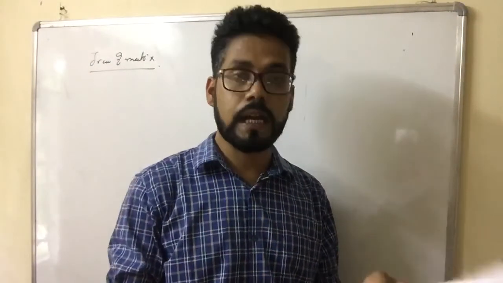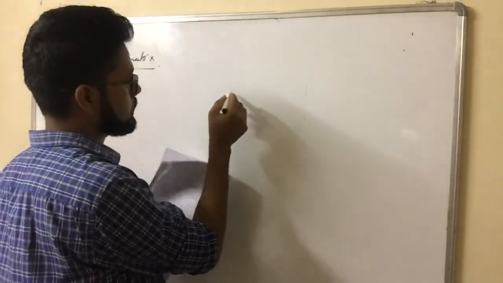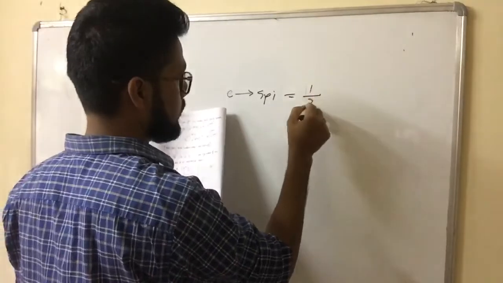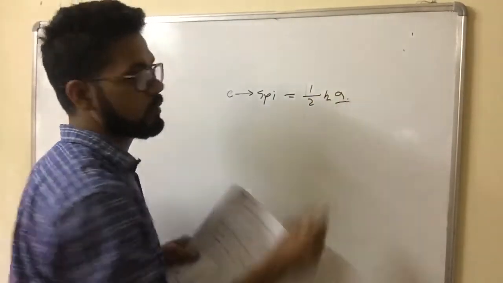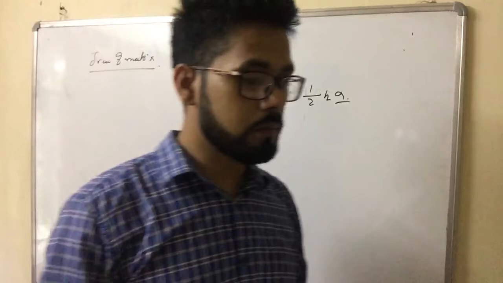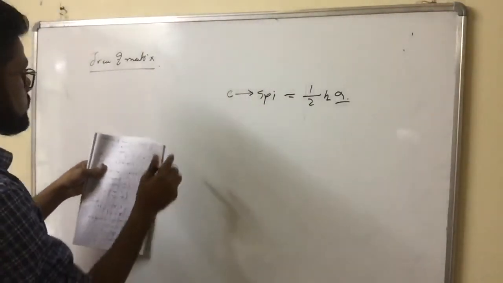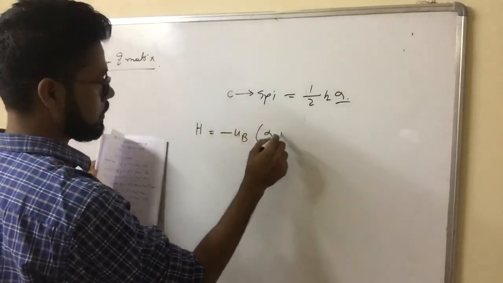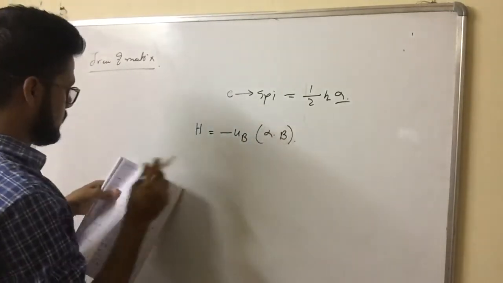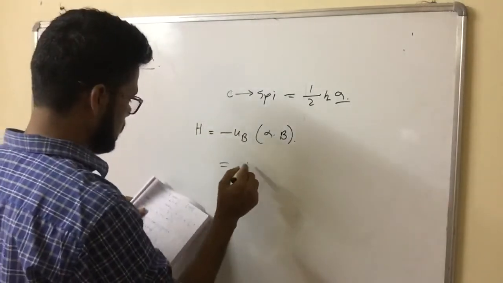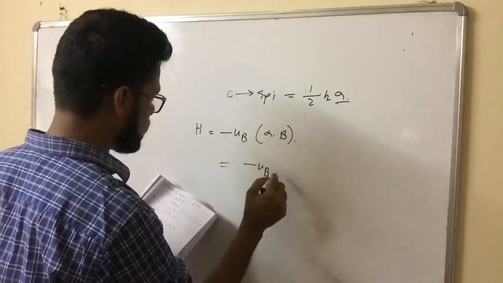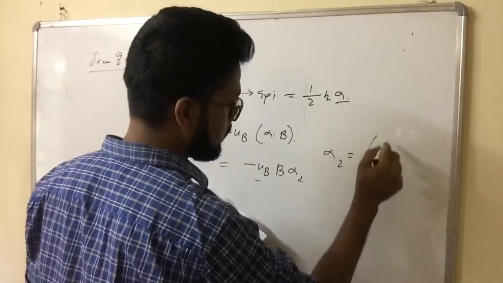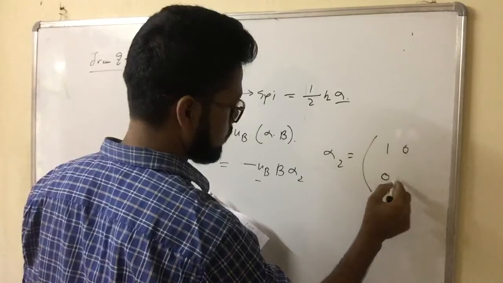Consider an electron, a spin-half system, with spin S equal to half h-bar sigma, where sigma is a Pauli matrix. And the Hamiltonian of the system is given by mu B sigma dot B, where mu B is the Bohr magneton and sigma z is a Pauli matrix given as 1, 0, 0, minus 1.